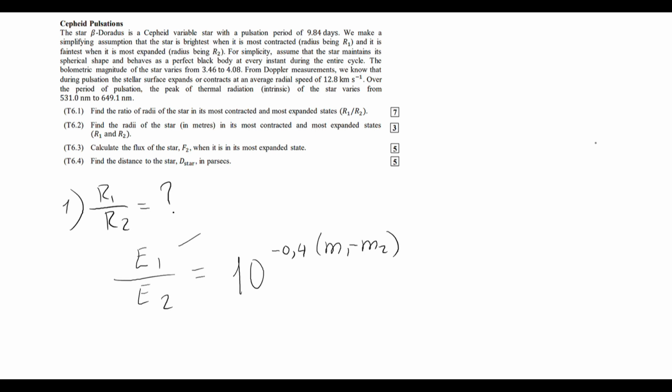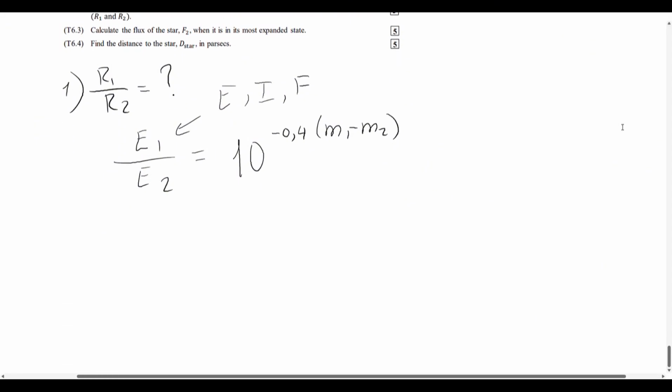For flux, you can use any letter you want. Some people use E, some people use I, some people use F. It is whatever you want. Here we have to use our calculators, and here we find that the ratio is 1.77.